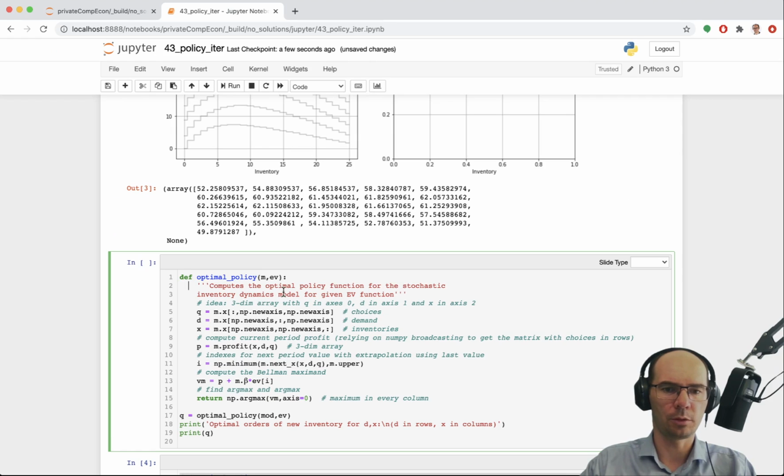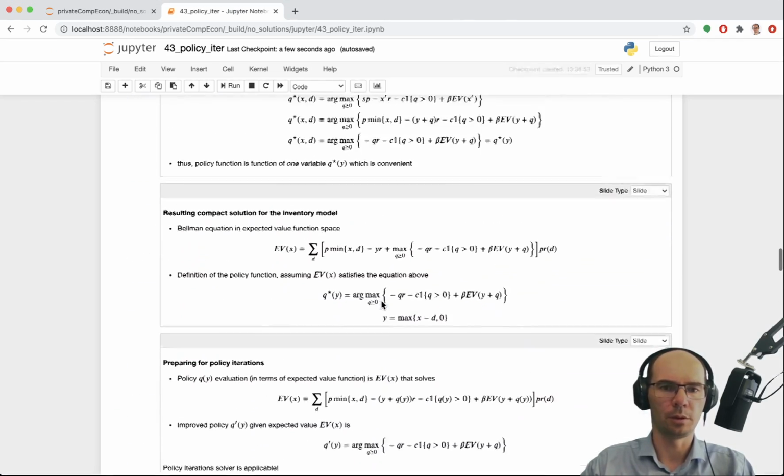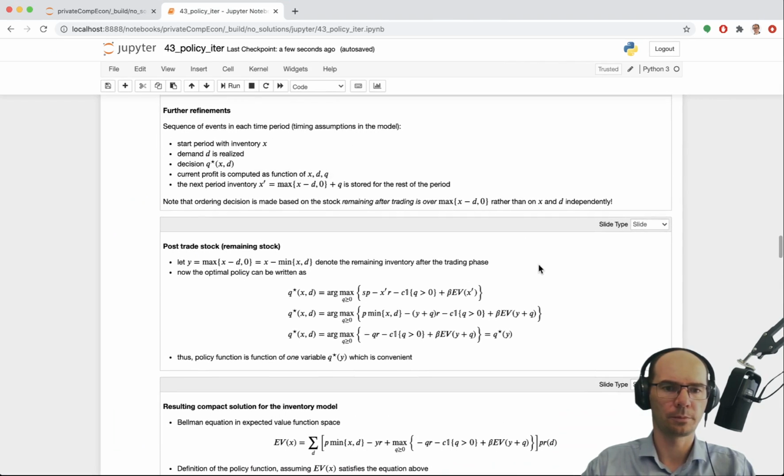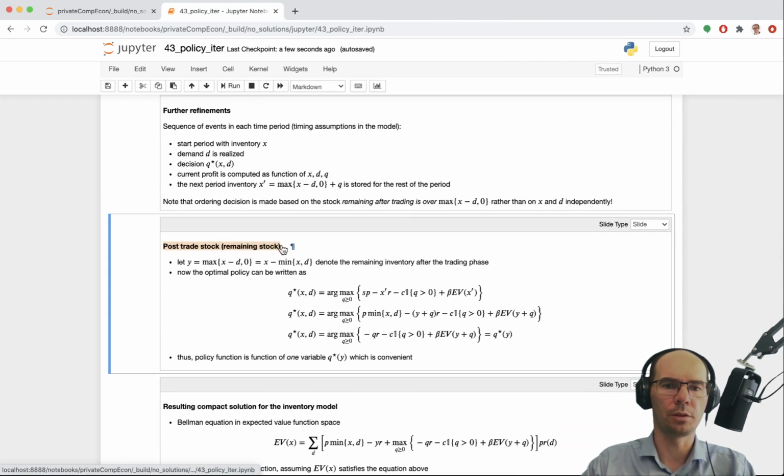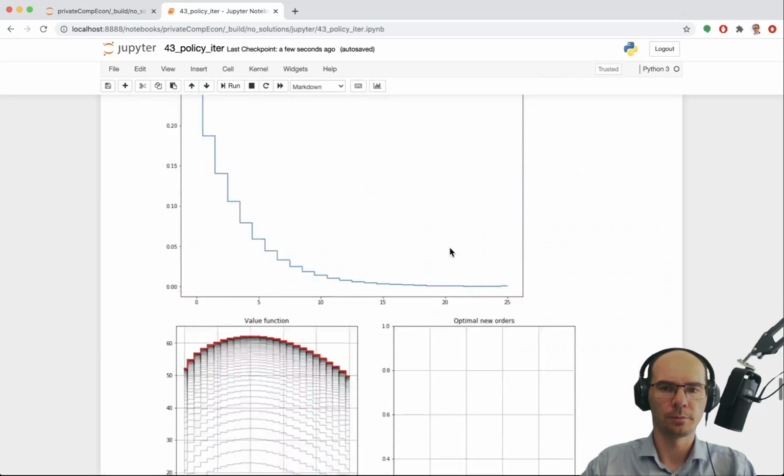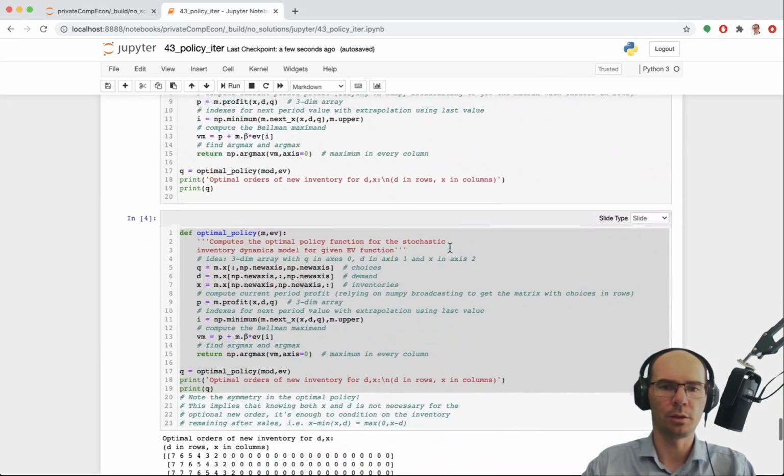For the stochastic inventory dynamic model, for a given EV function, it computes the policy function. It's a function of post trade stock. This is how we called it, right? Post trade stock as the intermediate state variable.